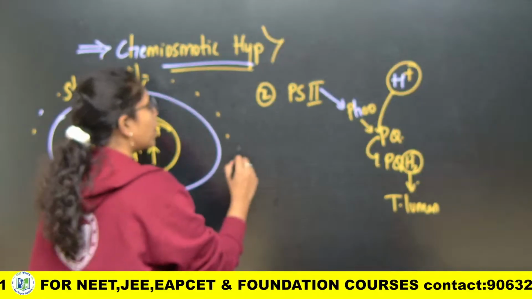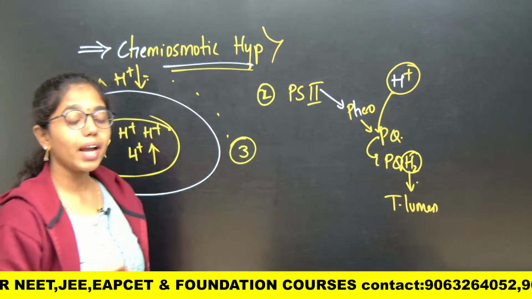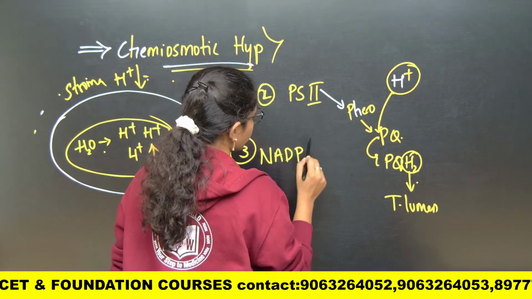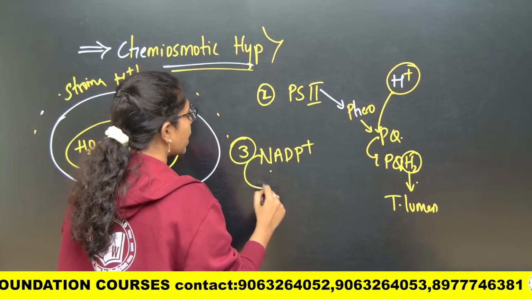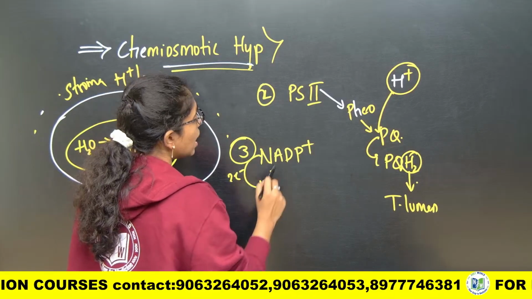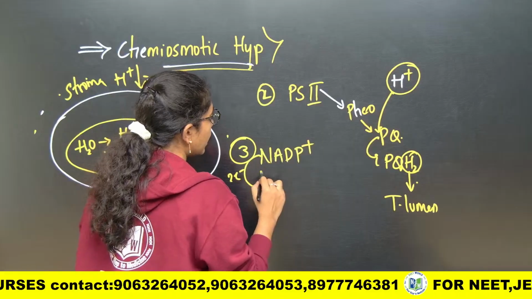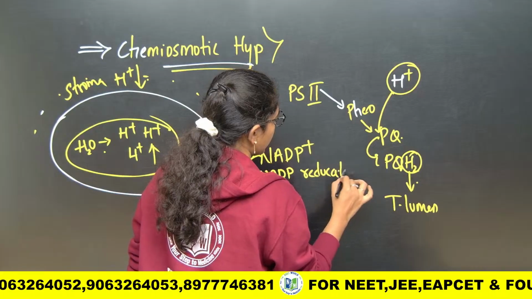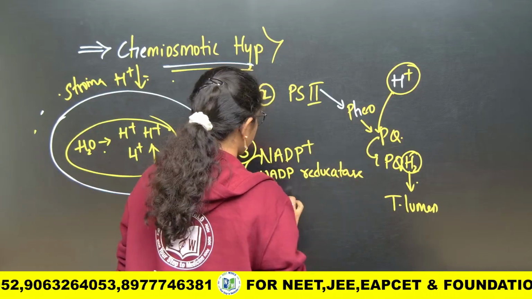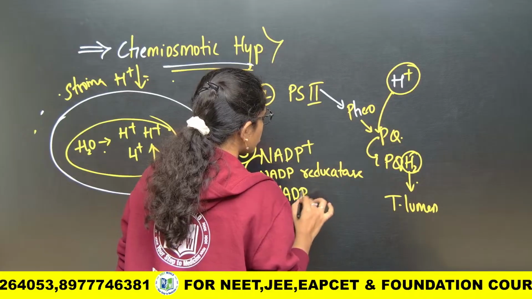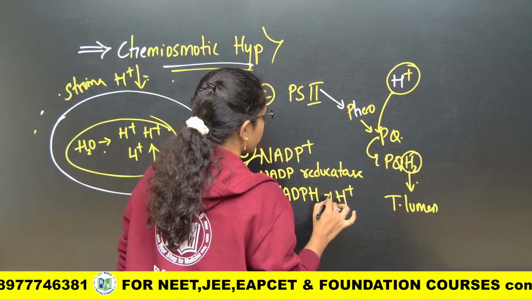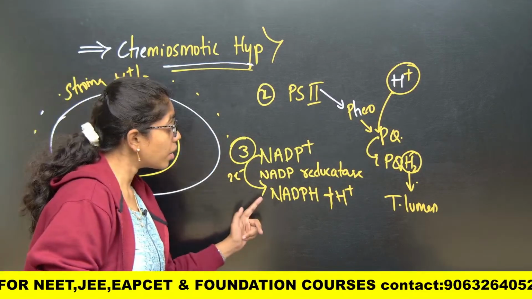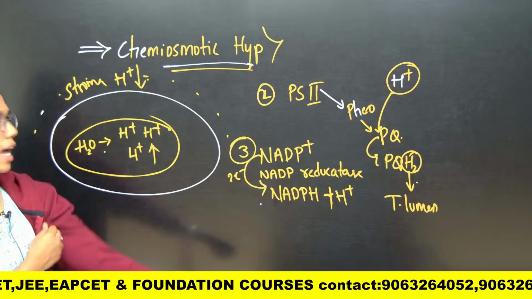The third reason is, the ultimate or final electron acceptor is NADP+. It accepts 2 electrons in the presence of the enzyme NADP reductase and is converted to NADPH plus H+. So, this is being reduced to NADPH plus H+.